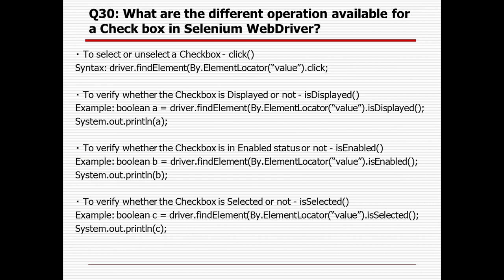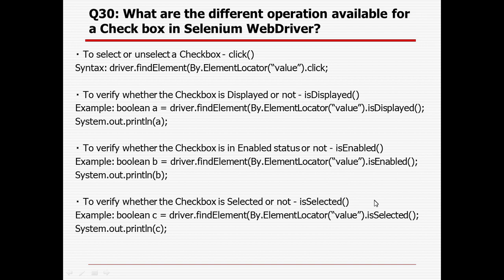What are the different operations available for a checkbox? Similar to a link, we can also click, so that the checkbox will be selected or unselected. If you want to check whether it is displayed, use the isDisplayed method. We need to check whether it is enabled or not through the isEnabled method, and whether the checkbox is already checked or not.